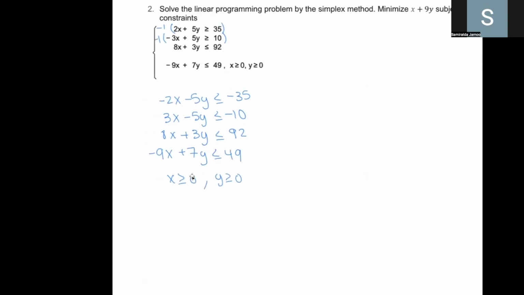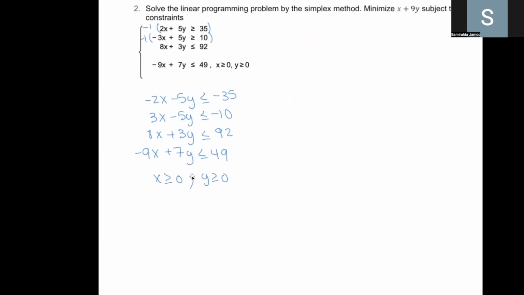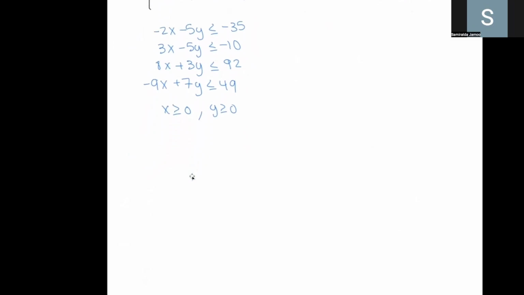Okay, now everything is in less than or equal to form. So I can introduce some variables. And I need more than the ones we've been dealing with, but that's okay. We can do a whole bunch of them, and that's fine. As long as we follow that same step, we're going to do it right.